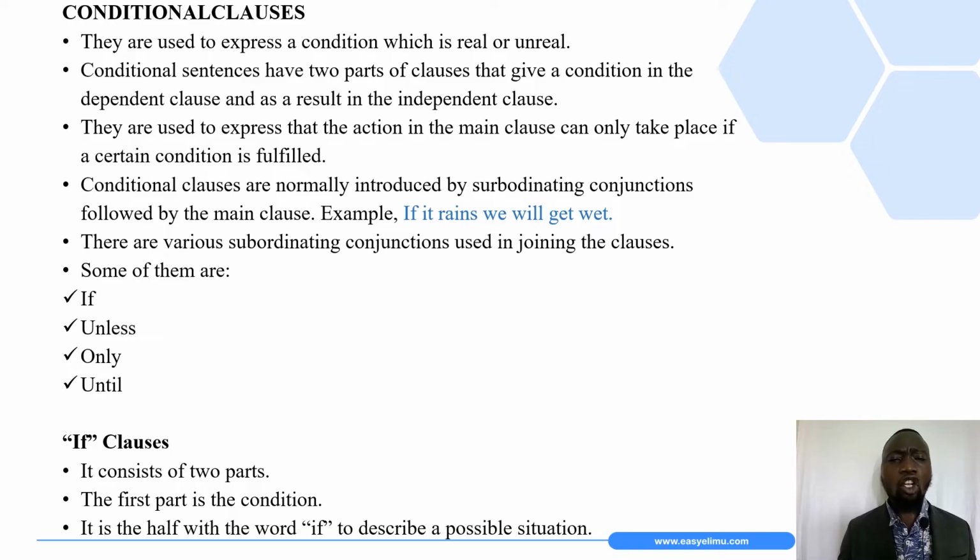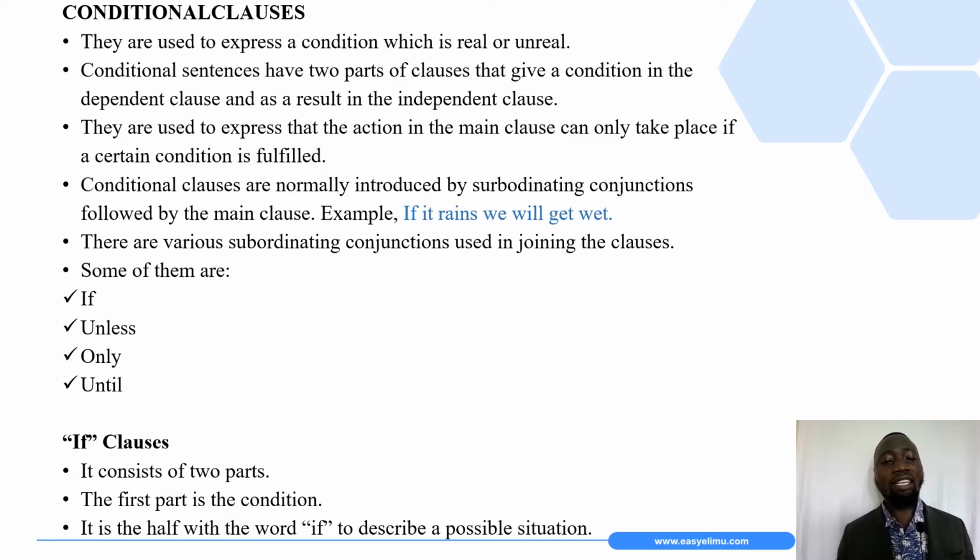Conditional clauses are normally introduced by subordinating conjunctions followed by the main clause. An example in a sentence: if it rains, we will get wet. The subordinating conjunction in this sentence is if, followed by the main clause, we will get wet.